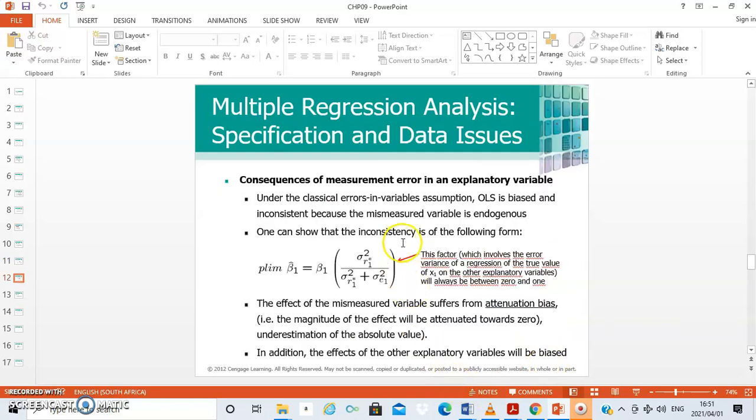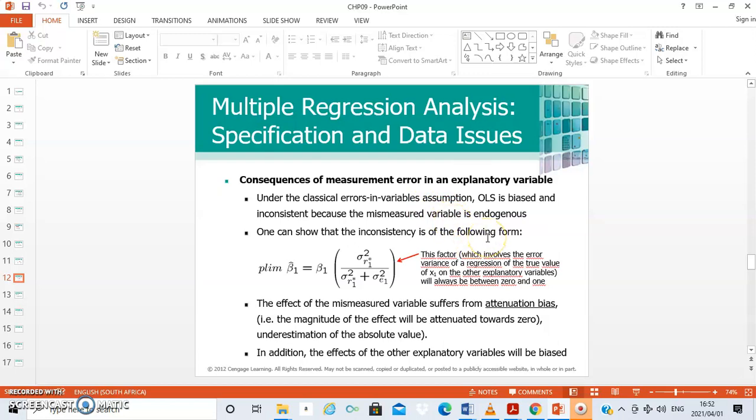So the consequences of measurement error in an explanatory variable are as follows. Under our assumptions, OLS will be biased and inconsistent because of the mismeasured variable.